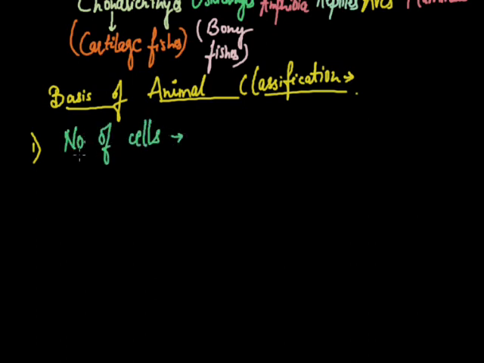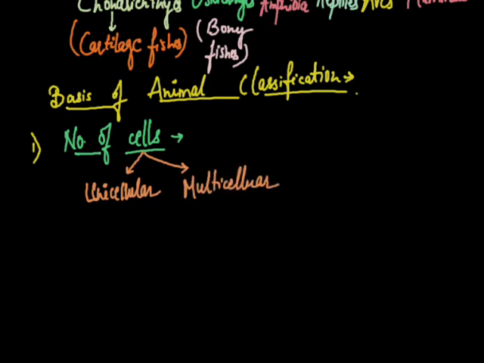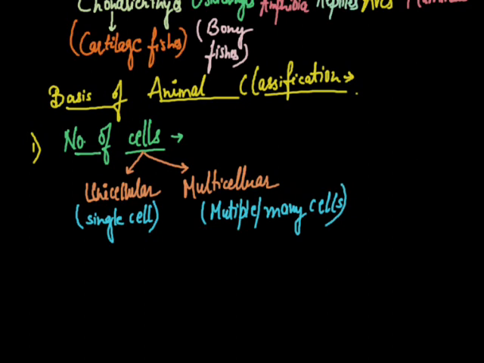On the basis of number of cells, there are two types of organisms, unicellular and multicellular. Unicellular are made up of a single cell and multicellular are made up of many cells. A good example of unicellular is amoeba, while for multicellular, human.